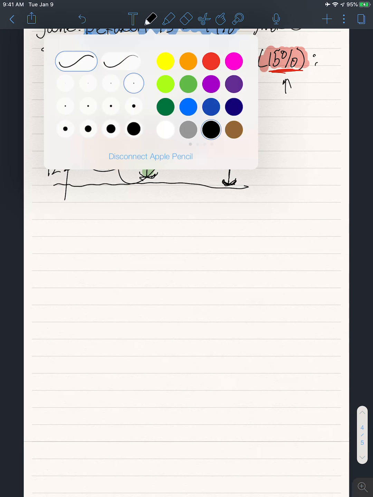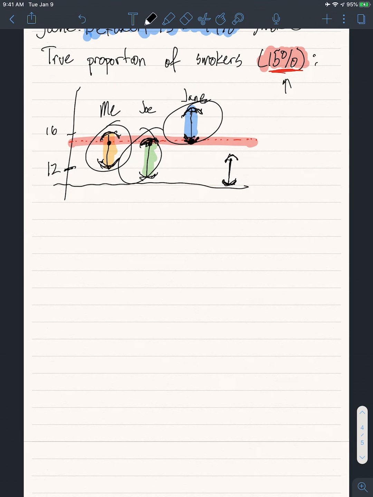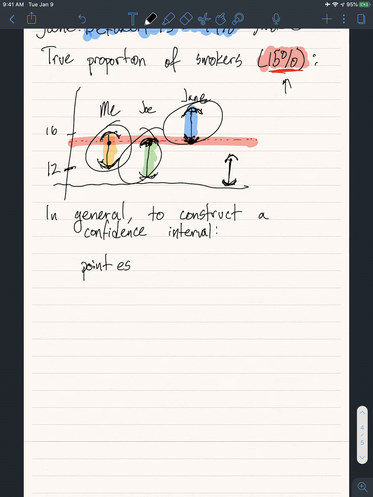In general, to construct a confidence interval, we take our point estimate that we got from our sample.